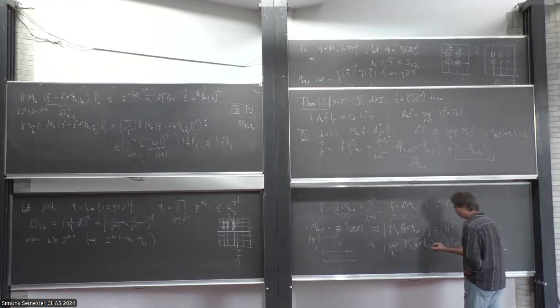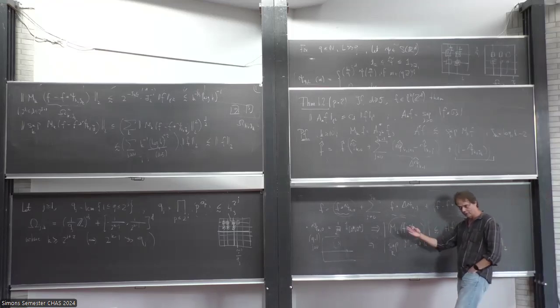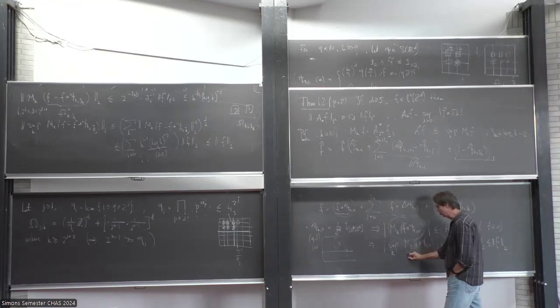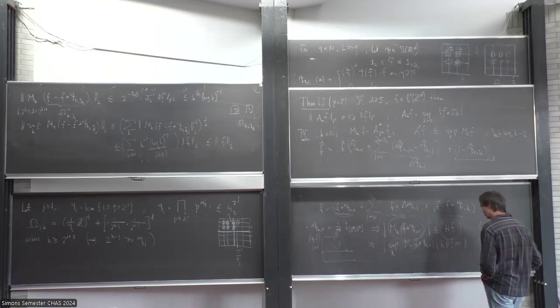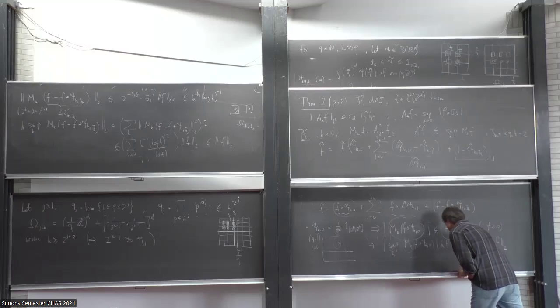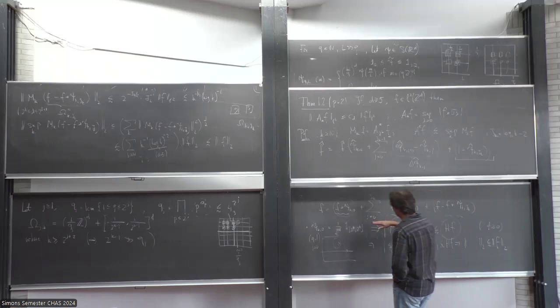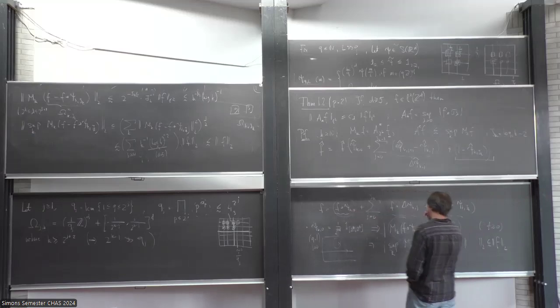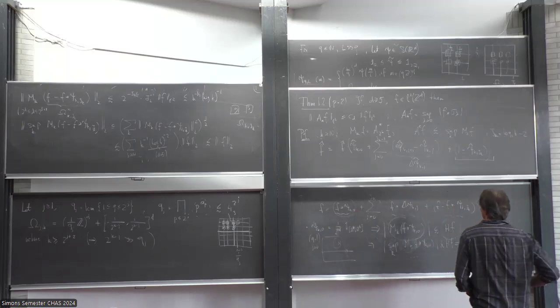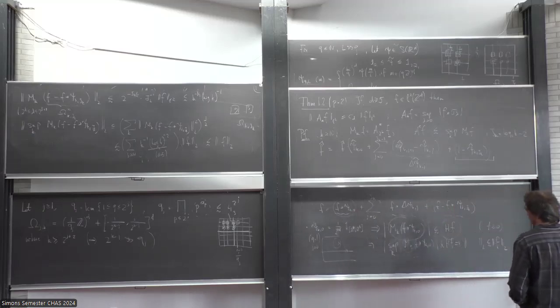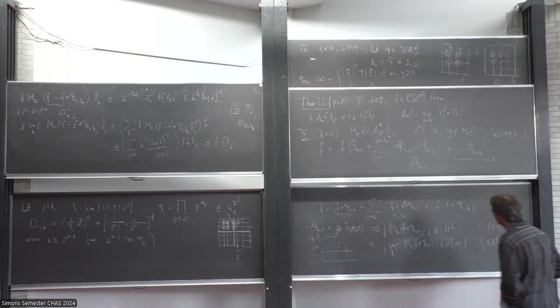And of course, the sup in k of m k is the average over radii, because for every k, m k includes all the radii between 2 to the k and 2 to the k plus 1, and it will take all the averages.